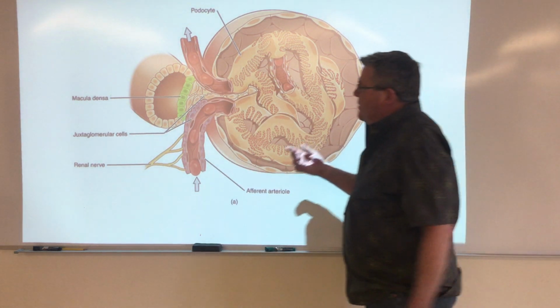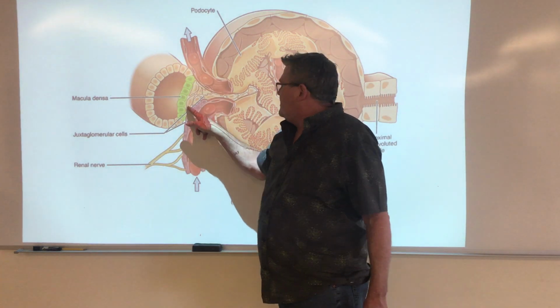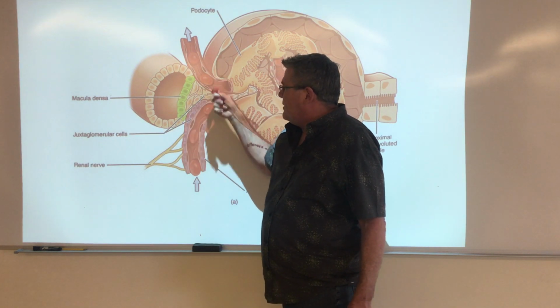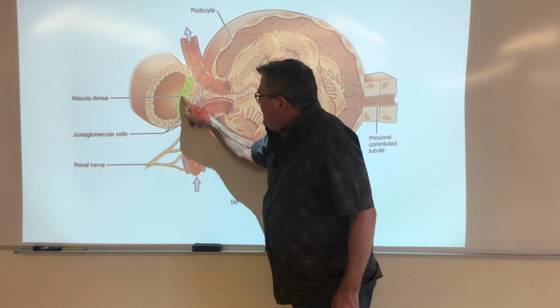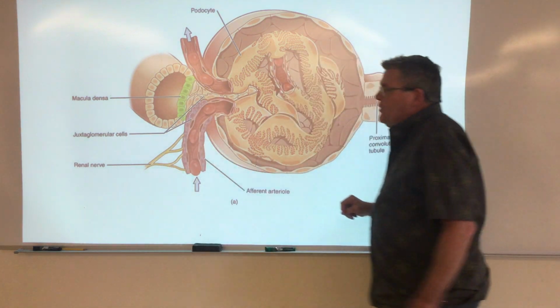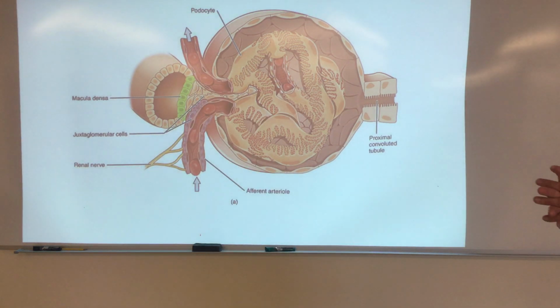And it's made up of a couple of different things. The juxtaglomerular cells, which are these in this little tiny wedge in between the afferent and the efferent. And then a series of cells called the macula, M-A-C-U-L-A, densa, D-E-N-S-A.